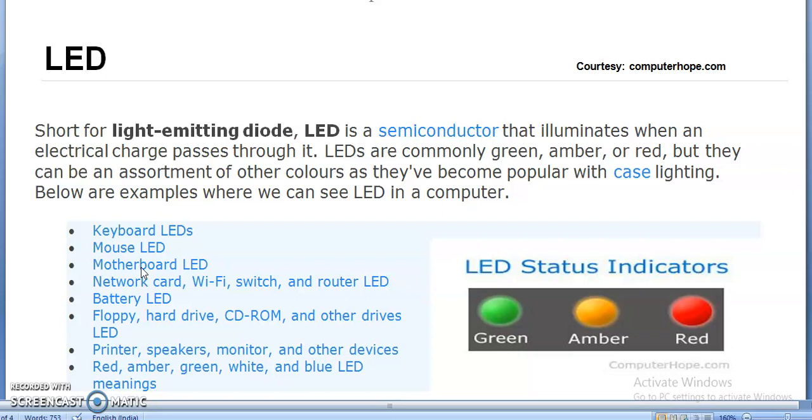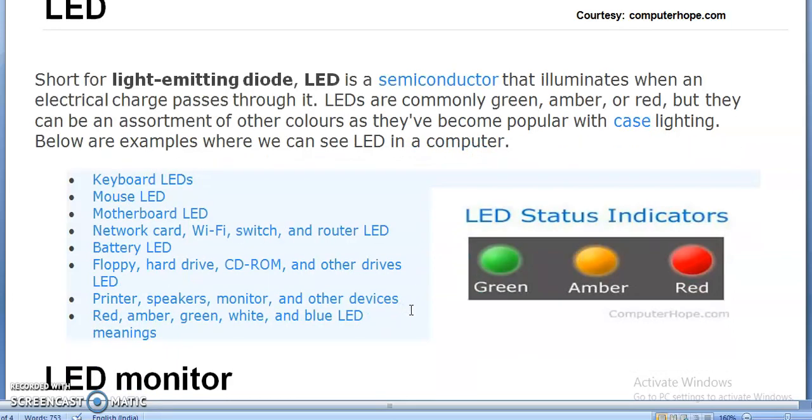Then network cards, like our network interface card, Wi-Fi modems, switches, routers. Then battery LEDs, floppy drive, hard drive, CD-ROM, and other drive LEDs. Also in our printer, speaker, monitor, and other devices, we can see all sorts of these LEDs.